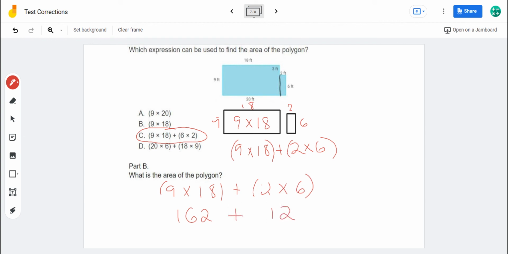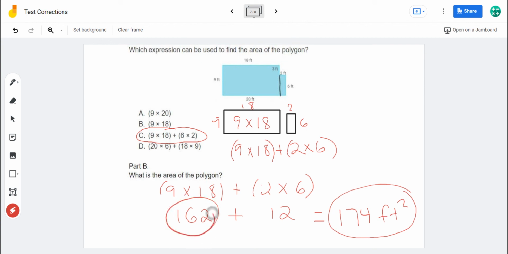And then if you add those together, you should get your area of 174 feet squared. And if you did these steps, you would have got 4 out of 4 for the work for part B. 1 point for finding this number, 1 point for finding this number, 1 point for adding, and then 1 point for the correct answer. That is how the 4 points were calculated.